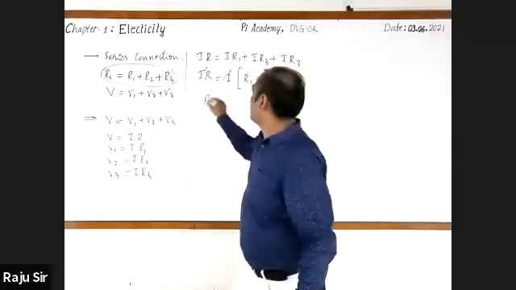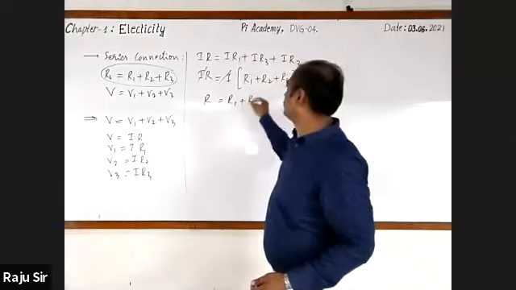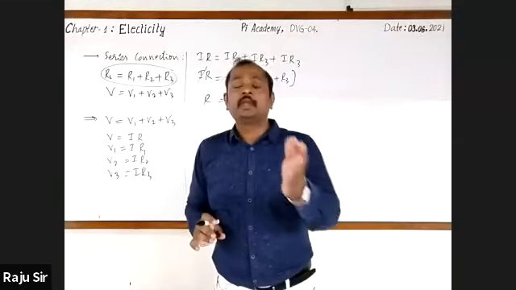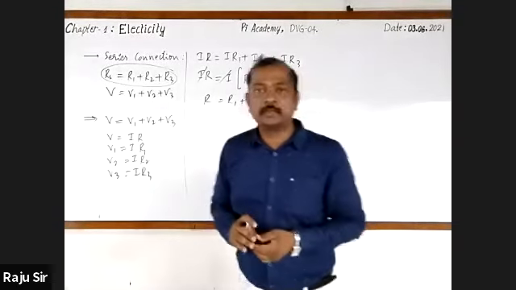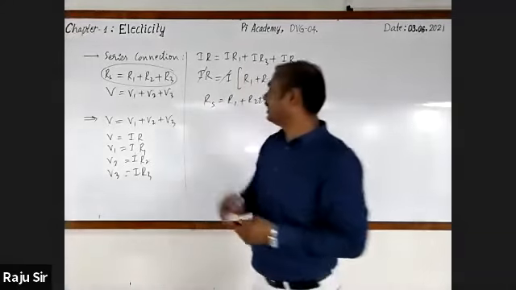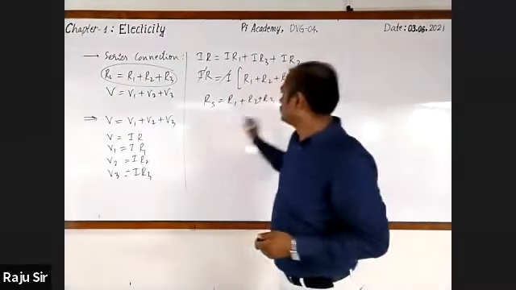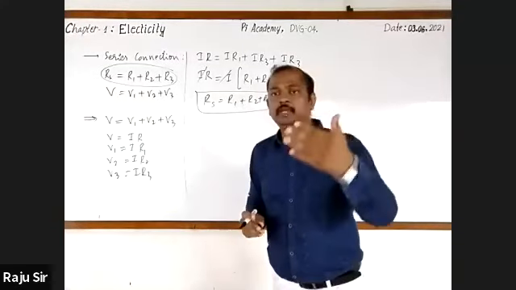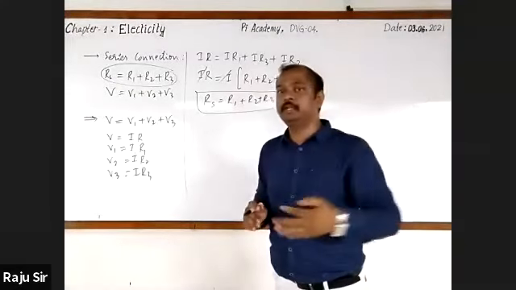Then it is R is equal to R1 plus R2 plus R3. As the resistors are connected in series, the total electric resistance is to be taken as Rs. So this is the derivation, and even yesterday I had given you the information regarding this in detail.